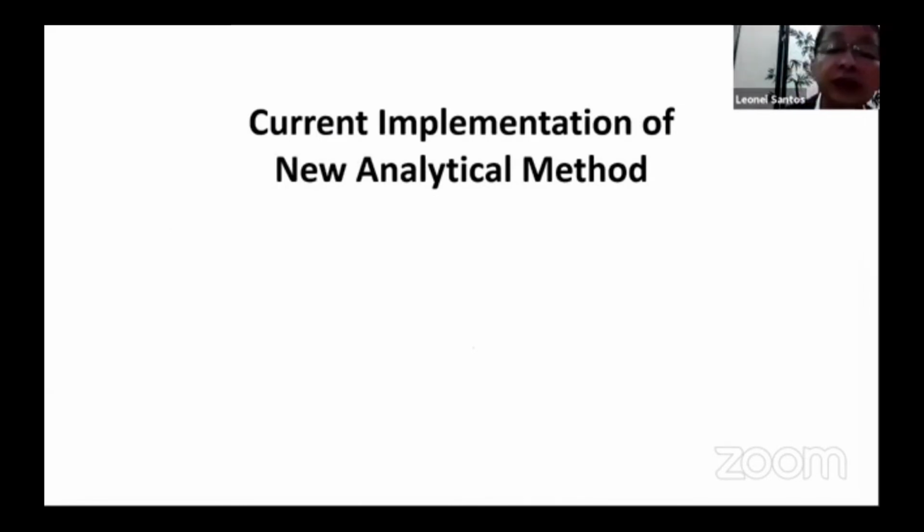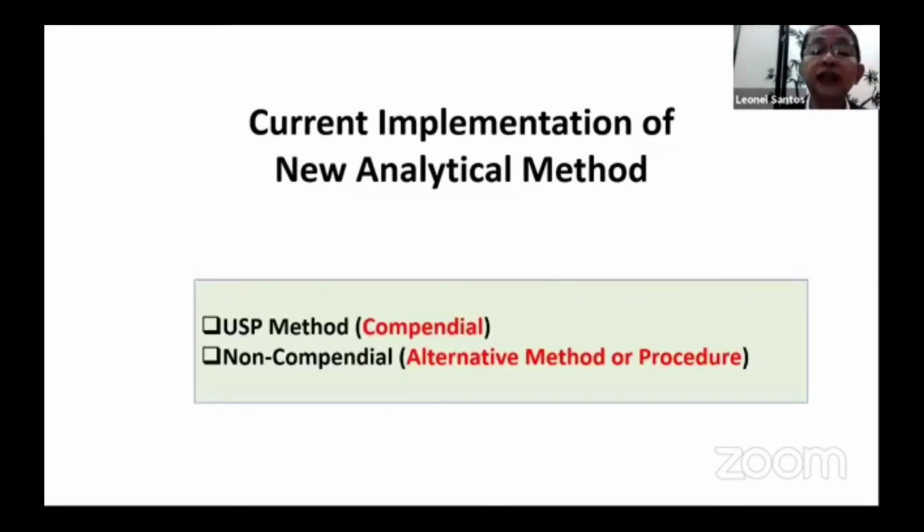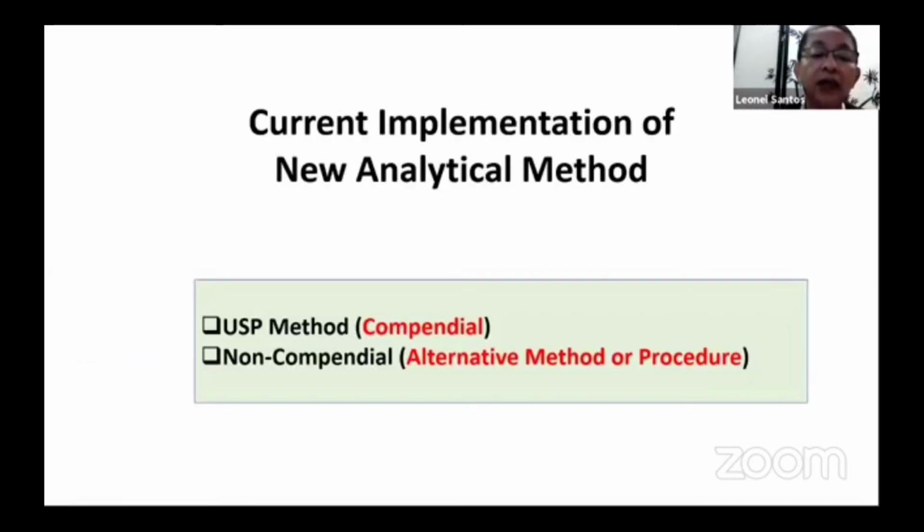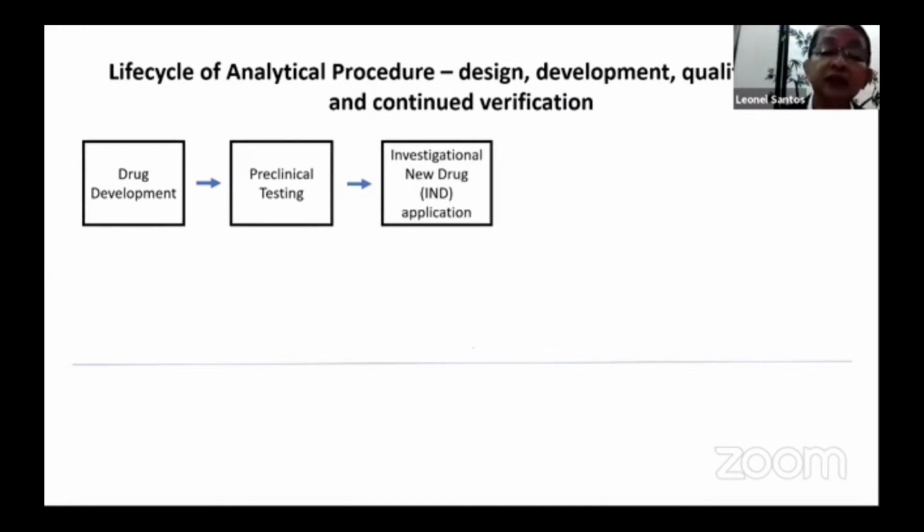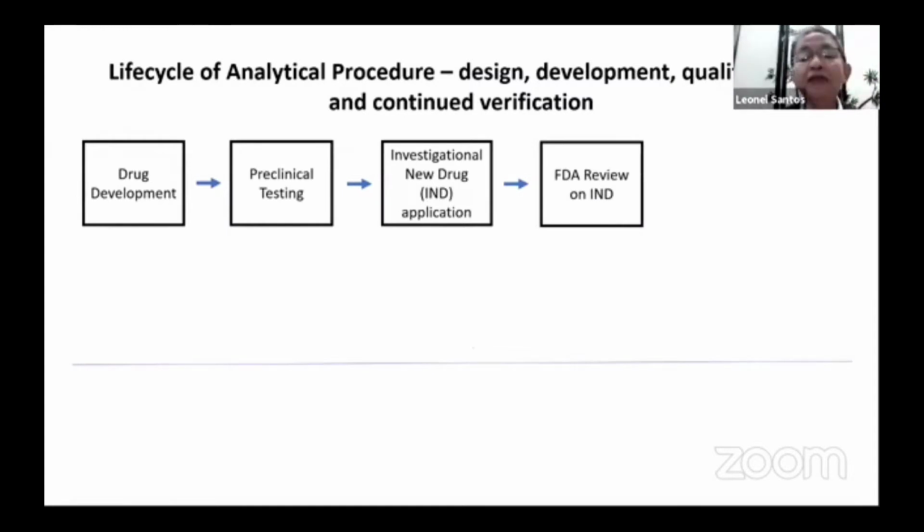So we go to the current implementation of new analytical methods in a laboratory, either by using a USP method or an alternative method. This involves actually examining or having an understanding, for most of you who are not familiar with the pharmaceutical industry, of how it goes from drug development, going into preclinical testing, and then to what is called the investigational new drug, and then FDA reviews them.